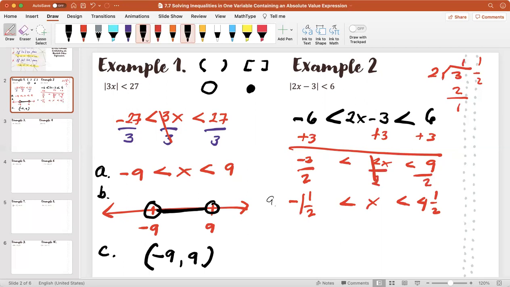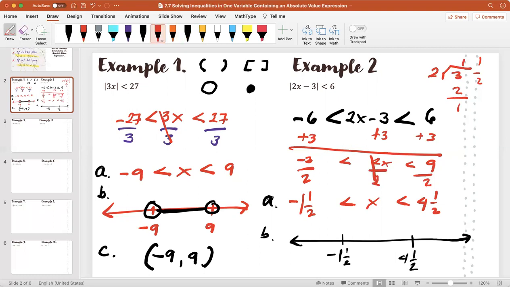How about our graph? What's the graph of this solution? We graph our solution. We have negative 1 and 1 half, and then 4 and 1 half, open at both, and then the solutions in between those numbers. Now, lastly is our interval notation. What's the interval notation here?